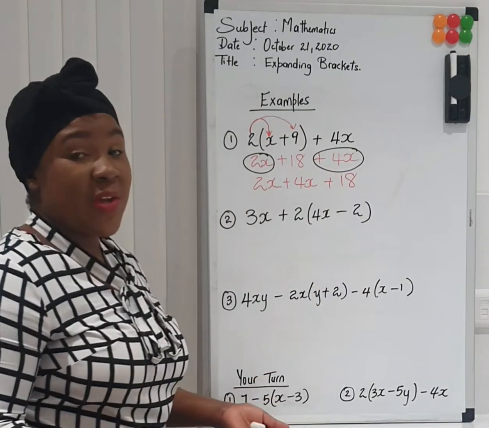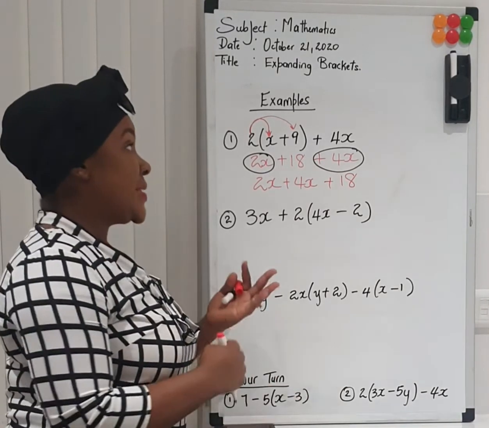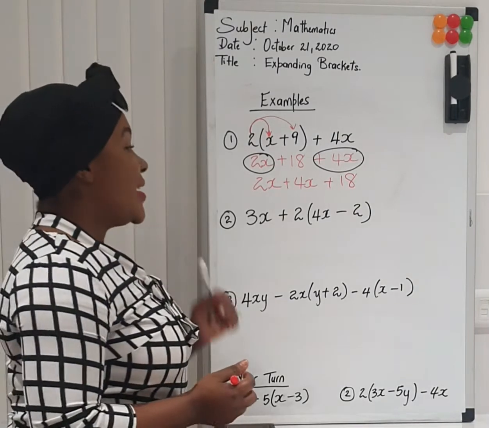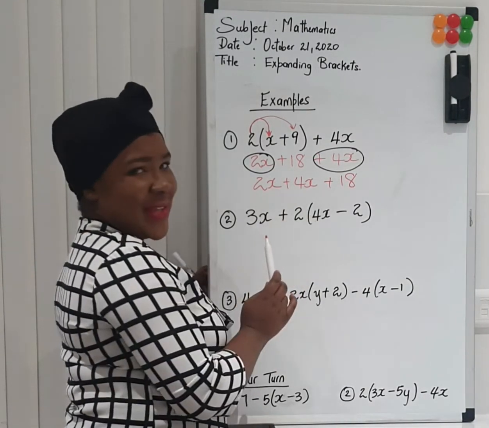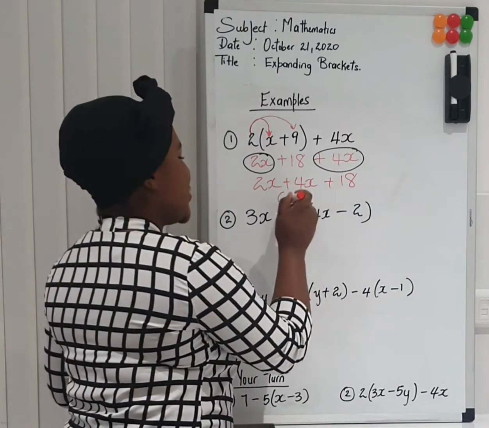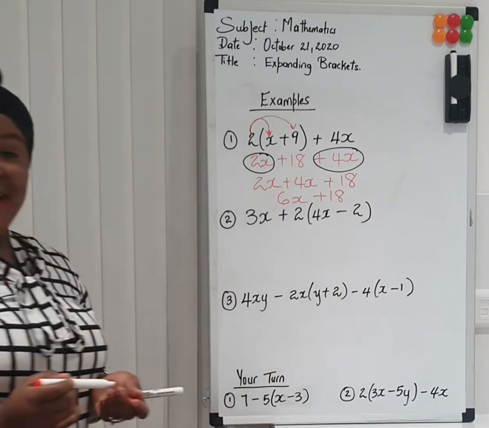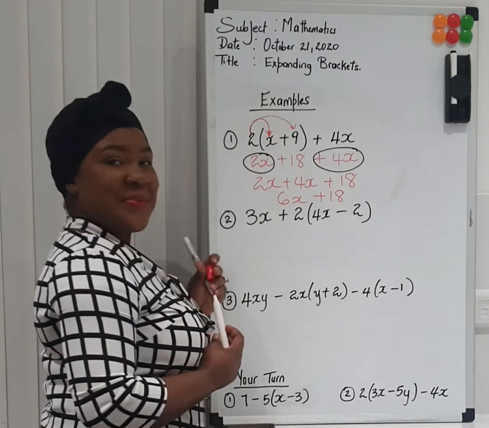So even though it doesn't have anything to match with, it's still a part of our expression, so we must keep it. Now let's do the last step. 2x plus 4x, that's 6x. So we get 6x plus 18. And that's it. Good. Alright, so let's go to number 2.